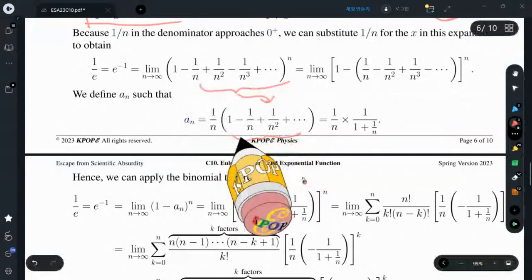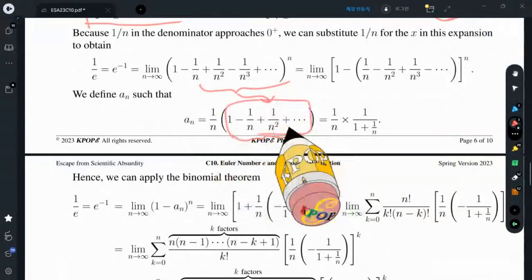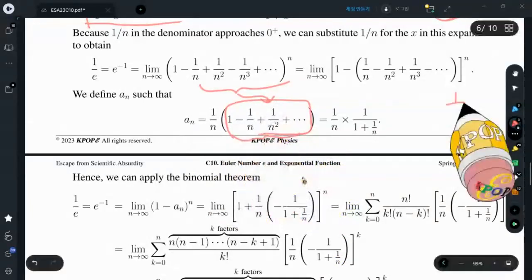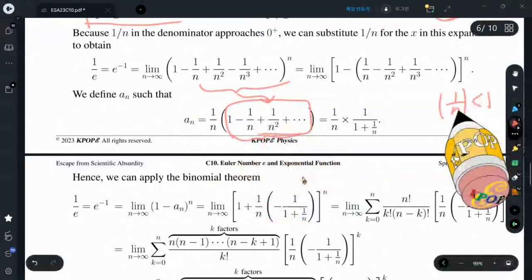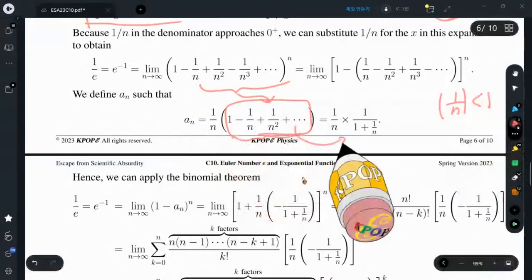I can find this is a geometric series, and I can sum it because 1 over n is a tiny number, at least less than 1 as n goes to infinity. So I can sum the geometric series.